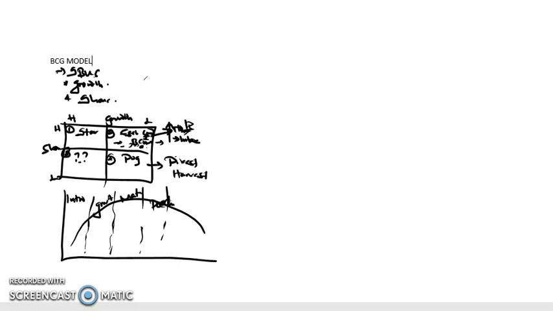In other words, we are going down. So if we want to extrapolate this model, we would look at something like this. What are some of the strategies that we can use to bring the product back up to where we were? If this is the dog over here, it's a product that is in decline.